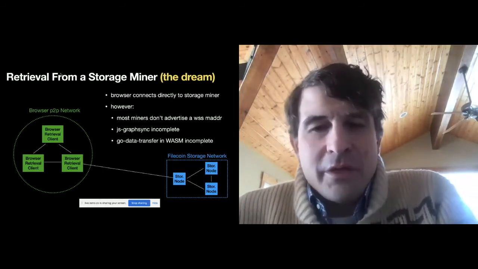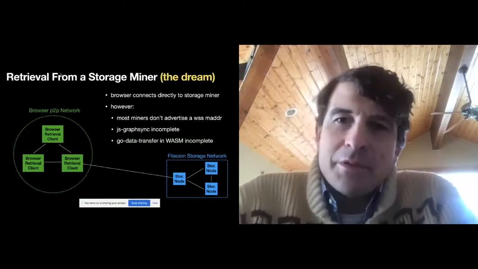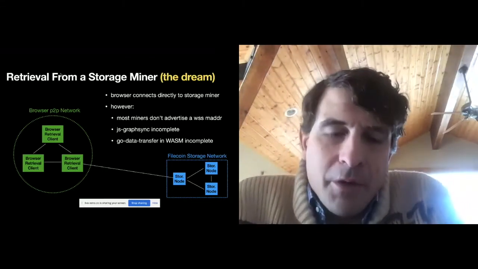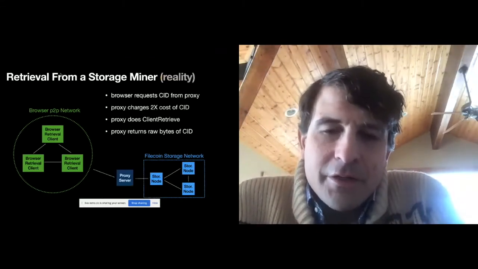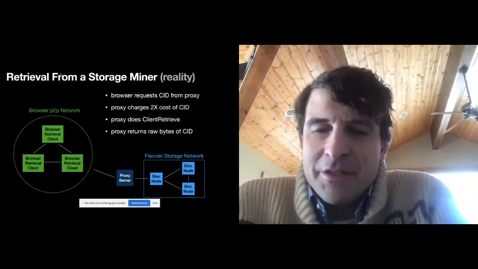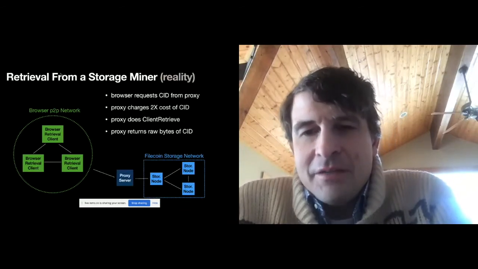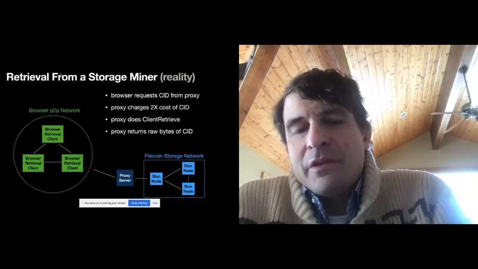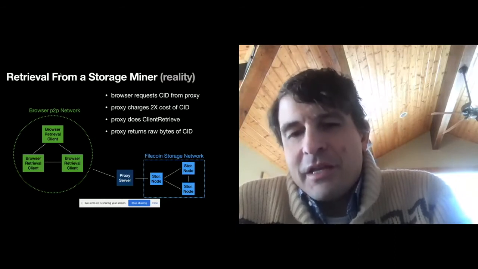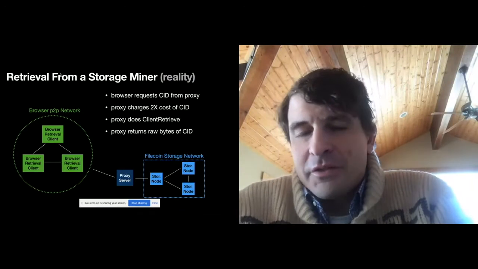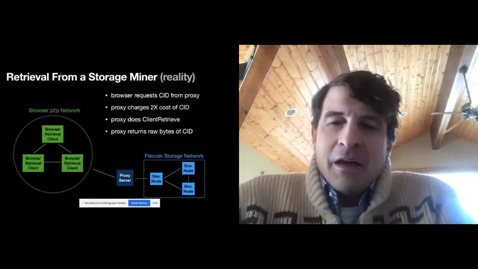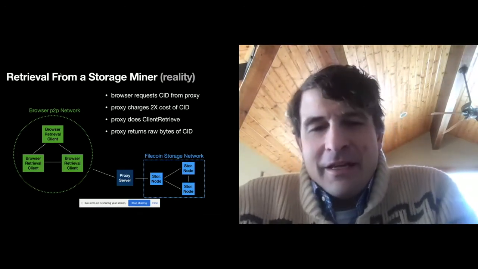And as a result, we put into place a stopgap solution, which is a proxy server. So that's that very dark blue box at the bottom. We've had to put that in between the browsers and any Filecoin storage node. So it works the way any proxy does.